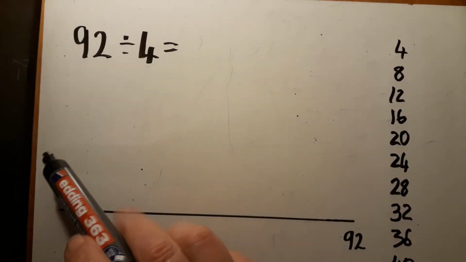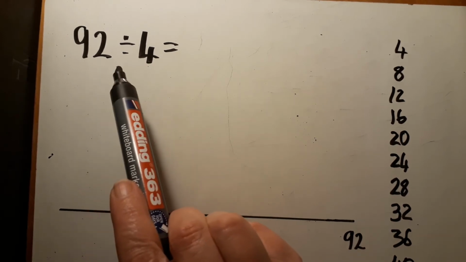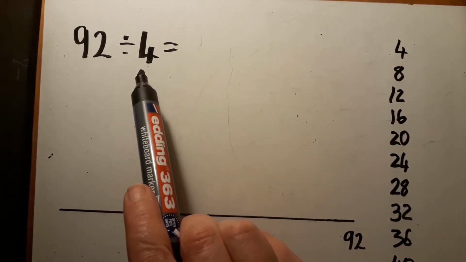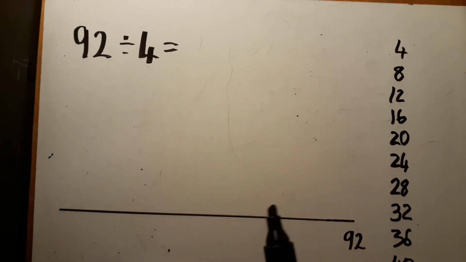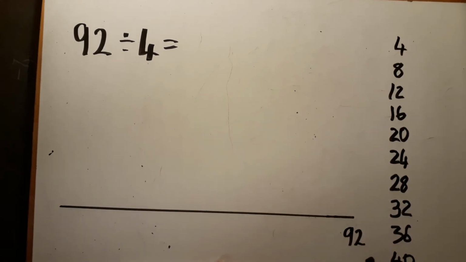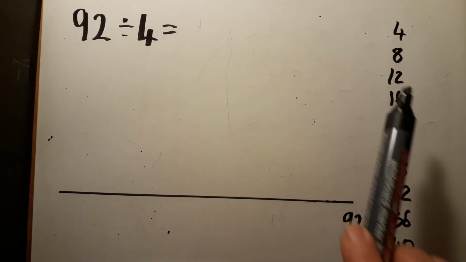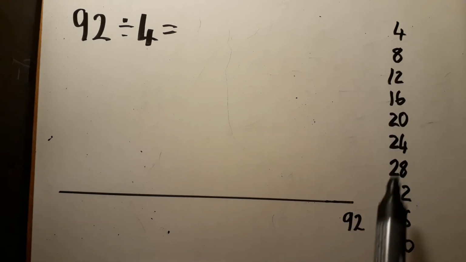This time we're dividing by 4, so we're doing 92 divided into groups of 4. Okay, so I've done my splat box for the 4 times table, and you're fast at your tables now, so you should just be able to write a splat box quickly.